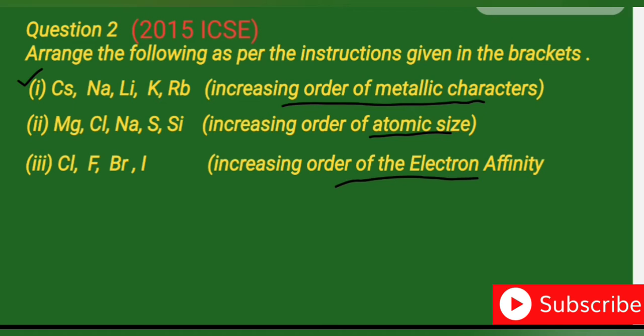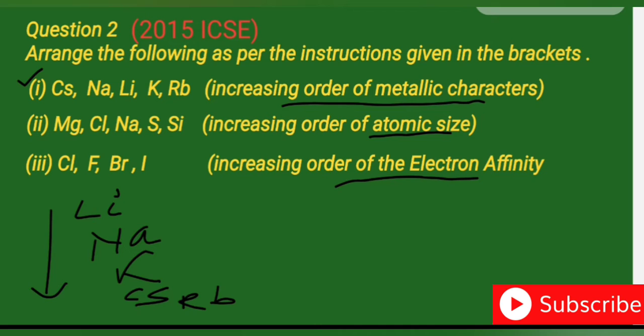So let's arrange the elements in order: lithium, sodium, then potassium, then rubidium, then cesium. This is the order from the top to the bottom of a group. Increasing order of the metallic character.